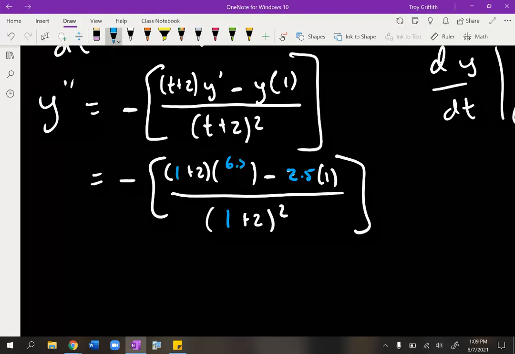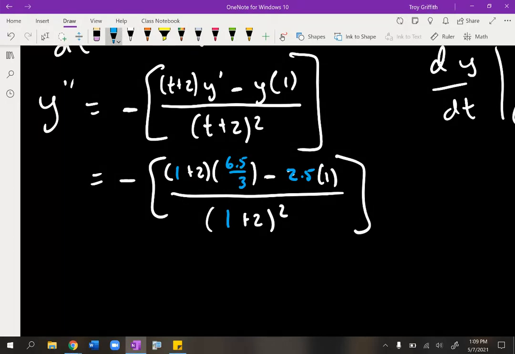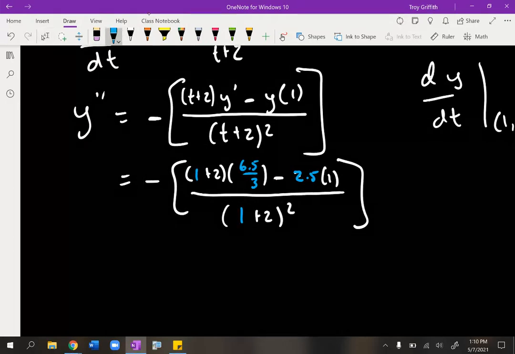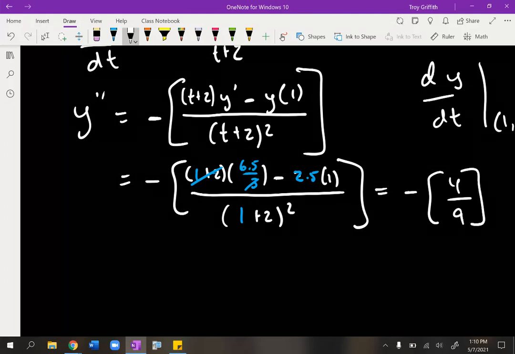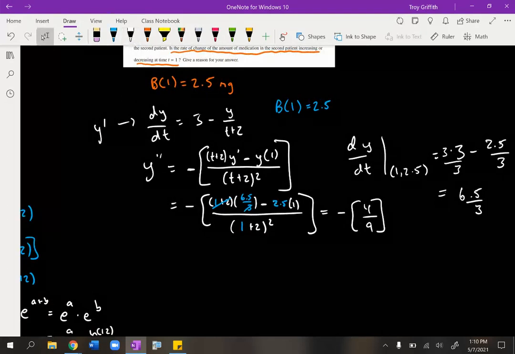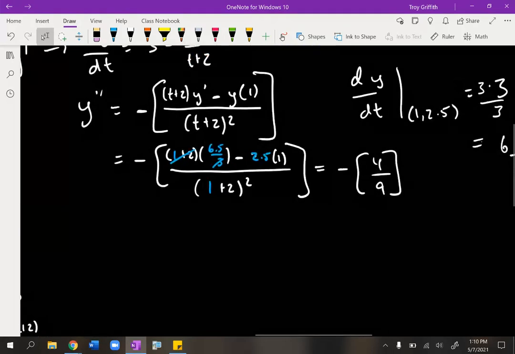Again, I'm just trying to figure out if, when I'm done, I get something that's positive or negative. 1 plus 2 is 3, divided by 3. Those are going to go away. 6.5 minus 2.5 is 4. So when I'm finished here, I'm going to get negative 4 over 9. So if we're thinking about what's occurring right here, that second derivative is negative.